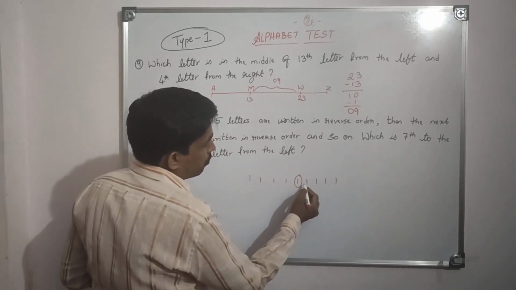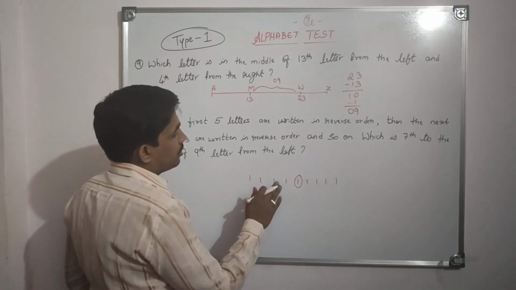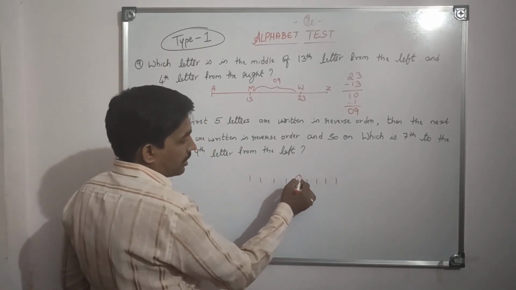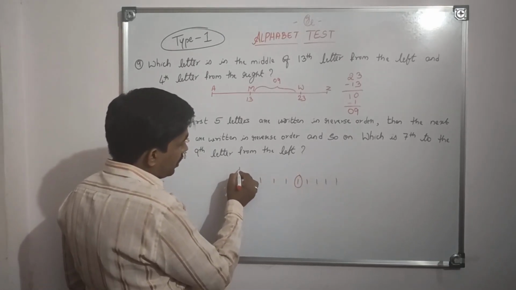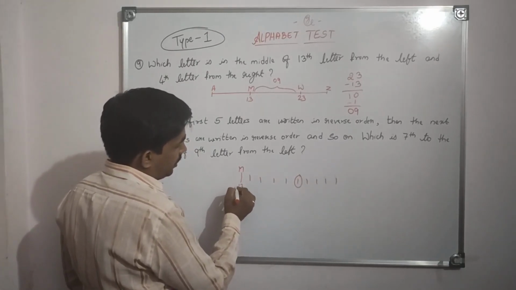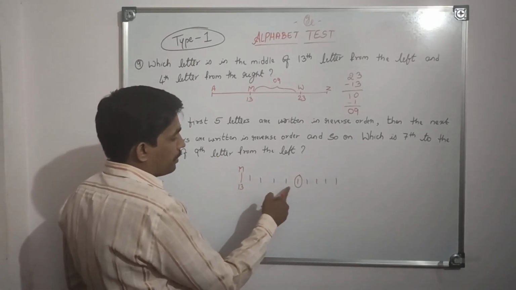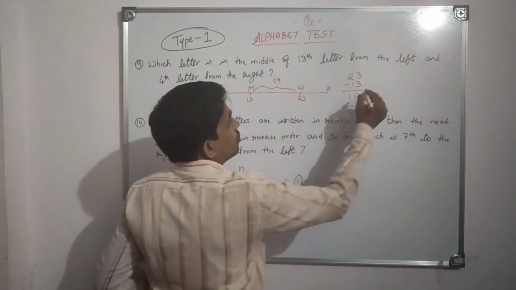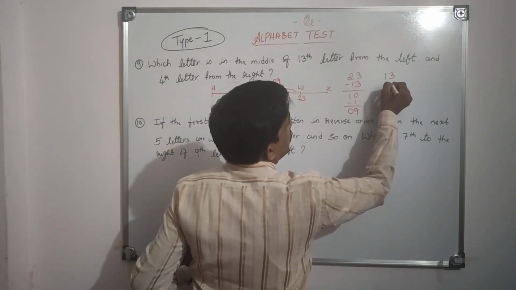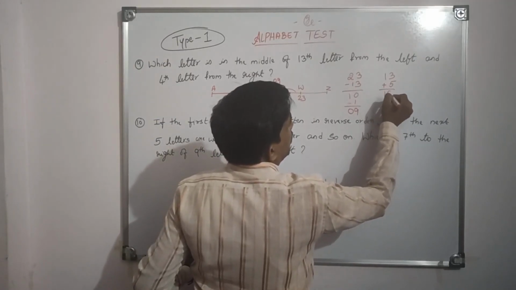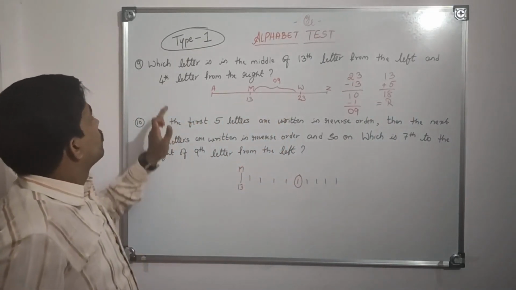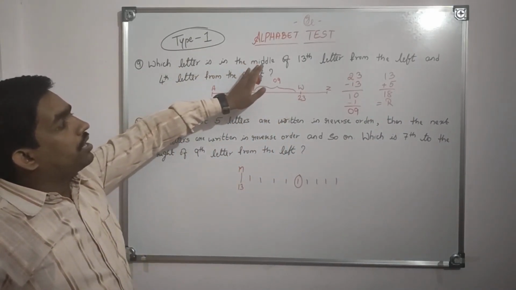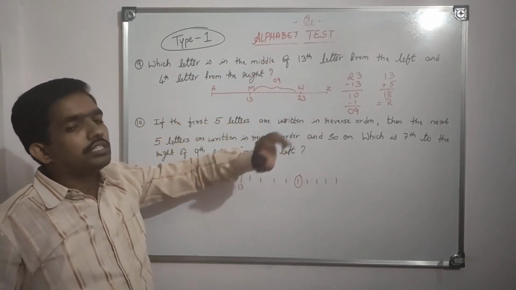To get this letter, we have to add 5 to M. 13 plus 5 is 18. The 18th letter is R. So the letter in the middle of M and W is R.